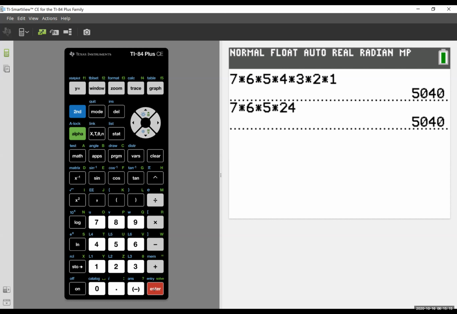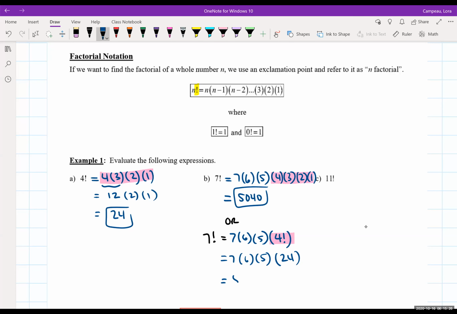So that's one way to go. It kind of depends on how fast you have your calculator out, or if your calculator is capable of all this. I know with the TI, it's not too bad to have to enter stuff into the calculator.